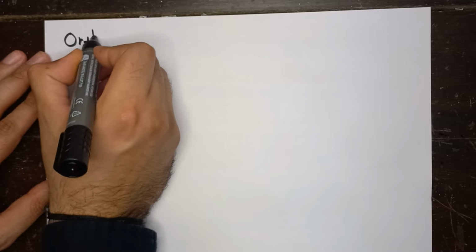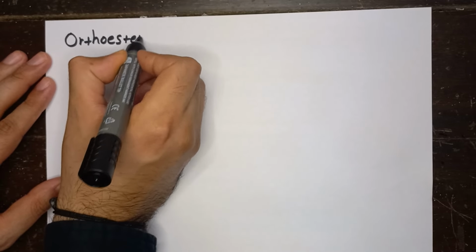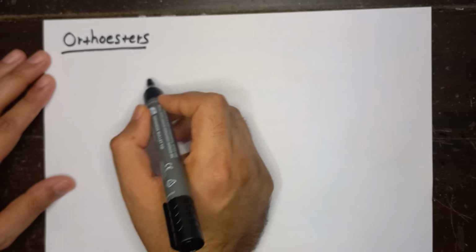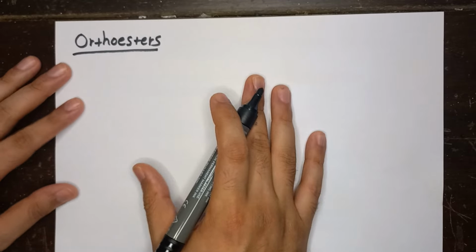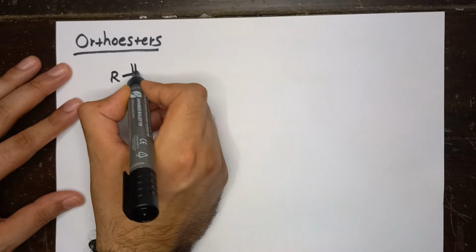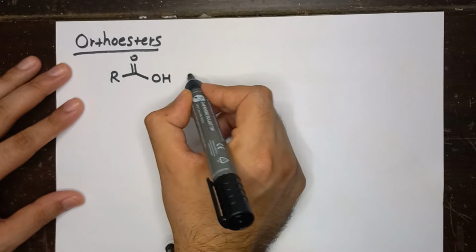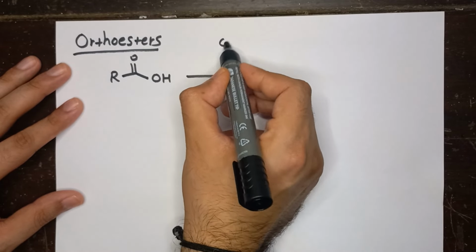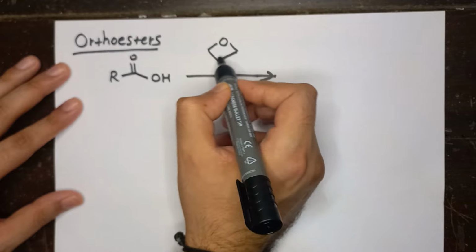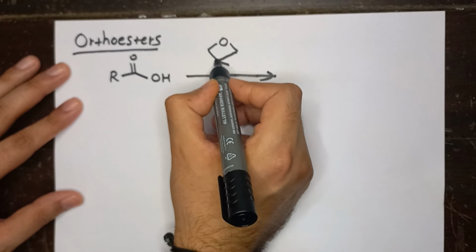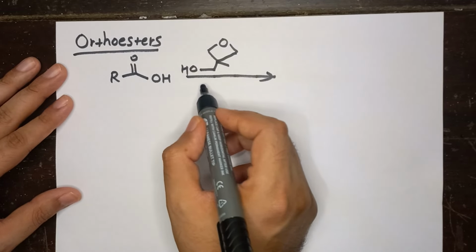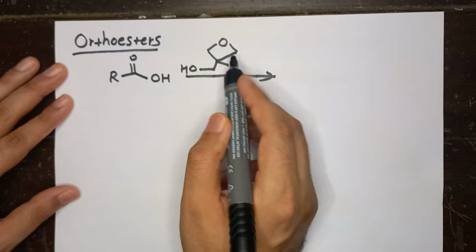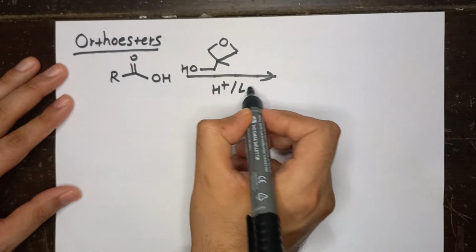Okay, let's talk about orthoesters. So I'm giving you one question and I want you to solve it. I want you to predict the mechanism for it. This is my carboxylic acid and I'm reacting it with this particular molecule under acidic medium, or you can use Lewis acid.